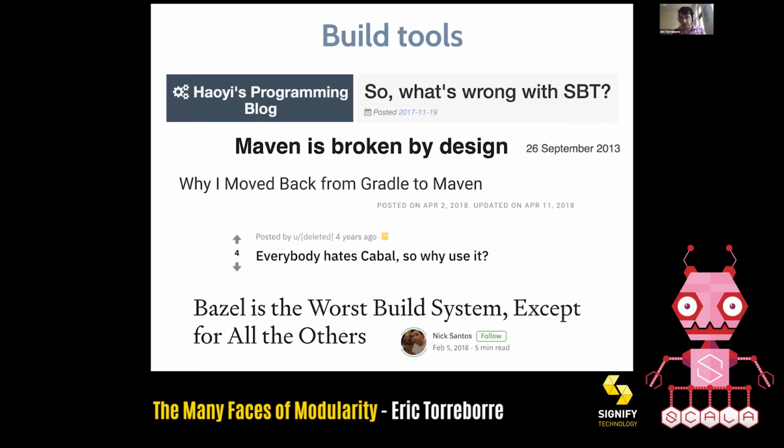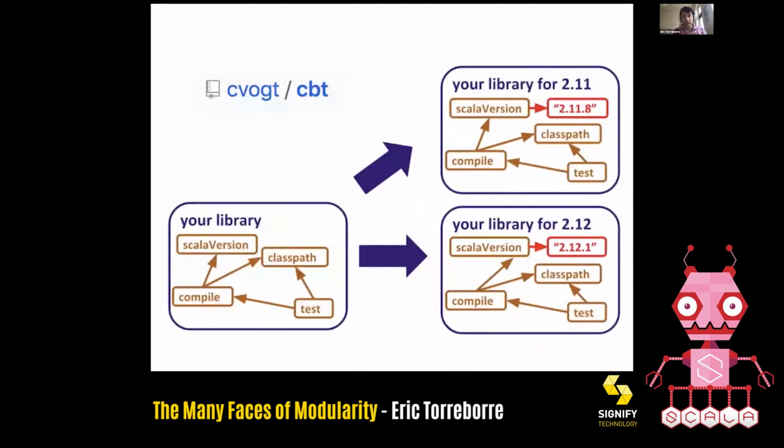There are all sorts of concerns that you have to consider when you're creating build tools. And this is a difficult task. I understand that. But one thing why I think it's difficult is that we don't have a language to describe how to wire things and how to rewire things. To grab an example from a presentation on some of those tools, there's this tool for Scala called CBT made by Christopher Vogt.